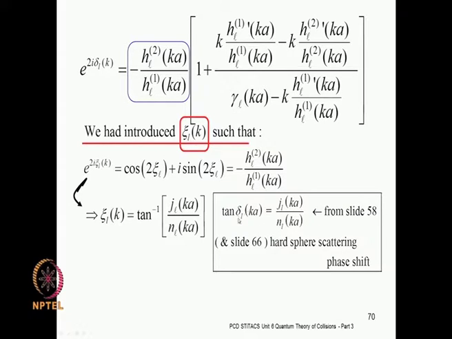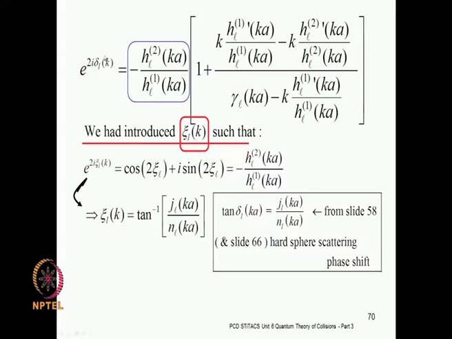So, this delta is only the hard sphere scattering. I have used the same symbol because on slide 66 this ratio represented the tangent of the phase shift due to a hard, impenetrable sphere, which has an infinite barrier. That scattering phase shift was given by this ratio, and this ratio expresses the tangent of this phase shift xi, which is coming as one of the factors.